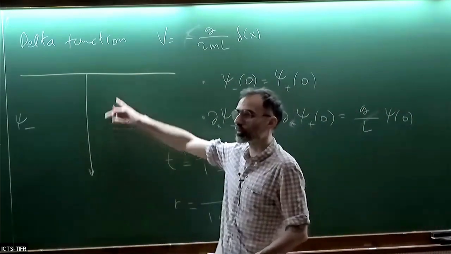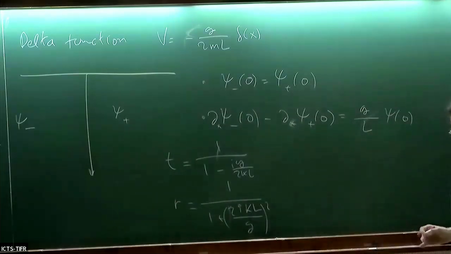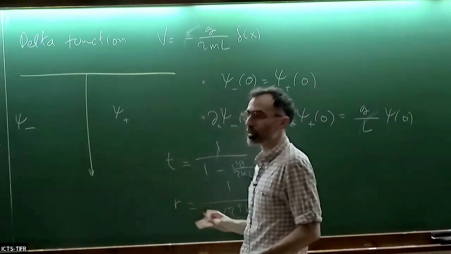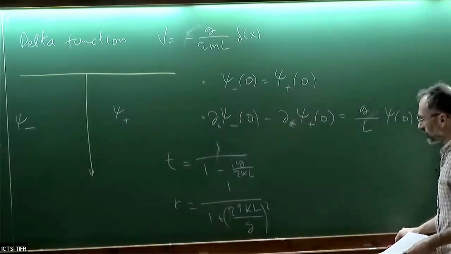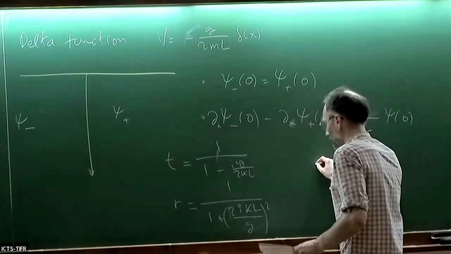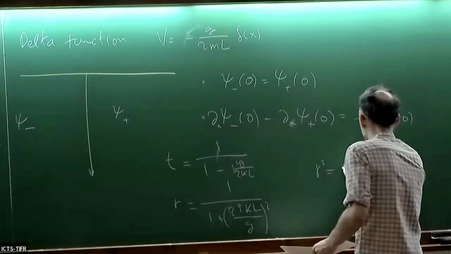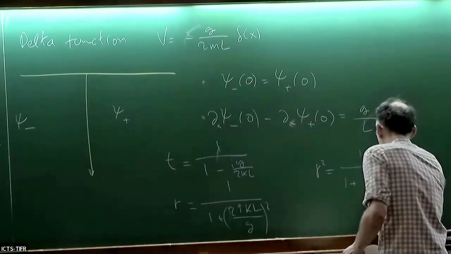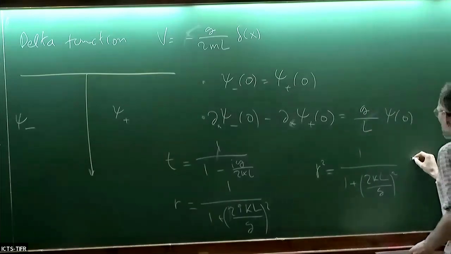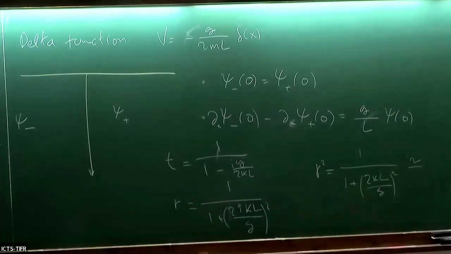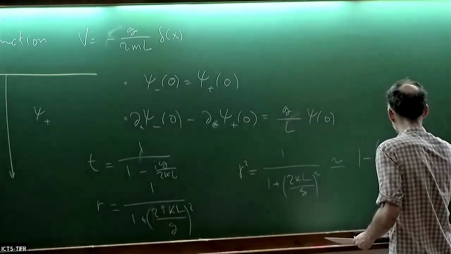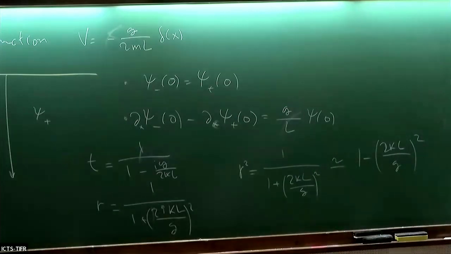It's infinitely localized around the origin, and it has no length to it, which is sort of mimicking the fact that in that small L limit, we don't resolve that small distance L. Still, it's a bit subtle now to find that the reflection coefficient squared, which for the full model would still be 1 plus 2kL over G, the whole thing squared, can also be expanded in the small L limit to return 1 minus 2kL over G, or the whole thing squared. And I'm not going to write beyond that.